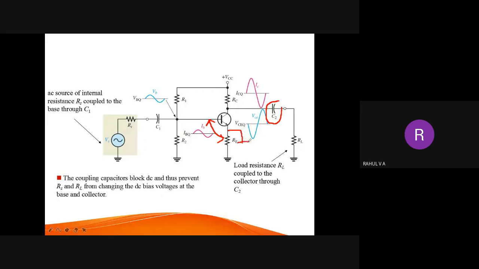When we improve the stability using RE, there will be some drop or loss across it, so in order to reduce the loss, we are using a CE capacitor. And one more thing you can see: assume this is the input you are giving to the transistor. Look at the output. Is there any difference between input and output?